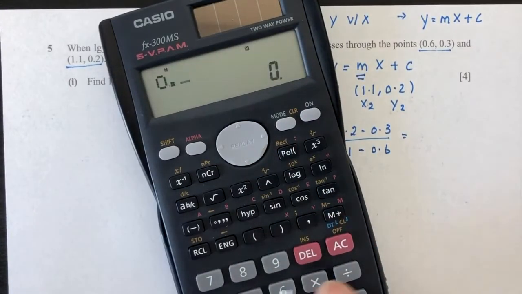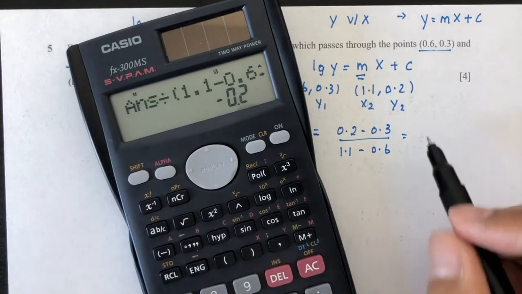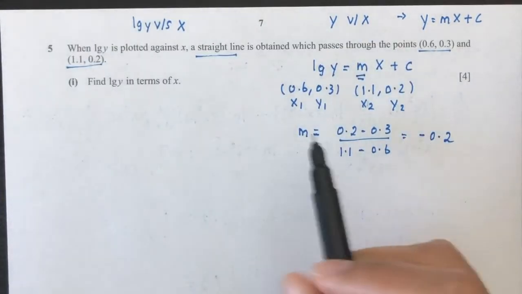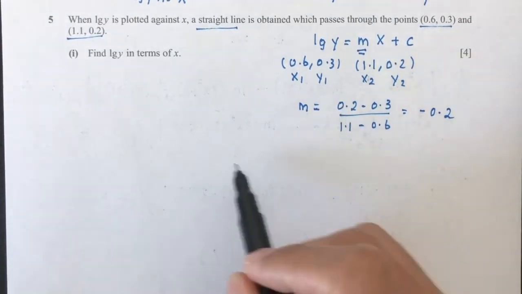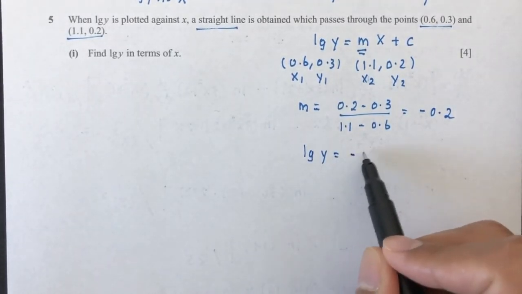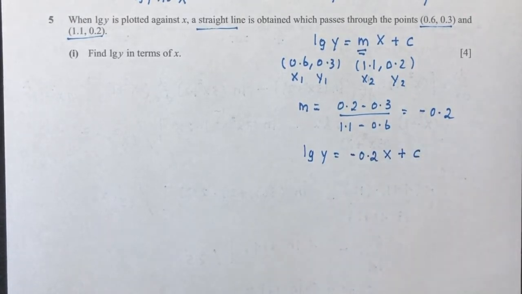So let's do that: 0.2 minus 0.3 divided by 1.1 minus 0.6. That'll be minus 0.2. That's the gradient of this line. So now let's replace and see what we have. We have log y equals minus 0.2x plus c.